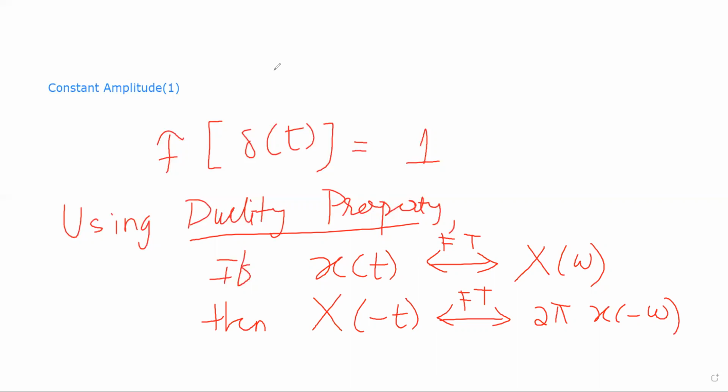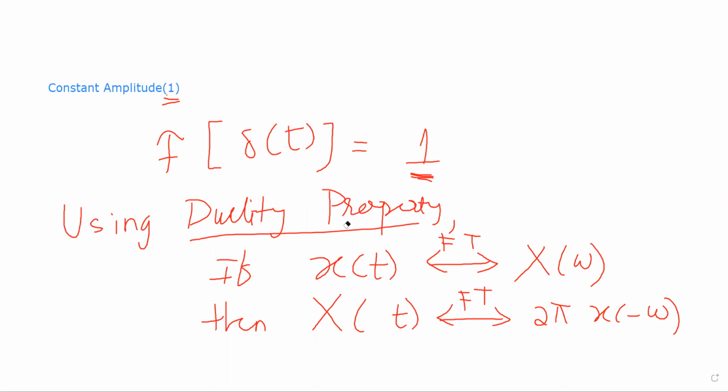Using the duality property with the right hand side as my desired Fourier transform, that is 1. So the given function on the right hand side is 1, so there is no minus here, correction: the Fourier transform of x of t is given by 2 pi into x of minus omega.